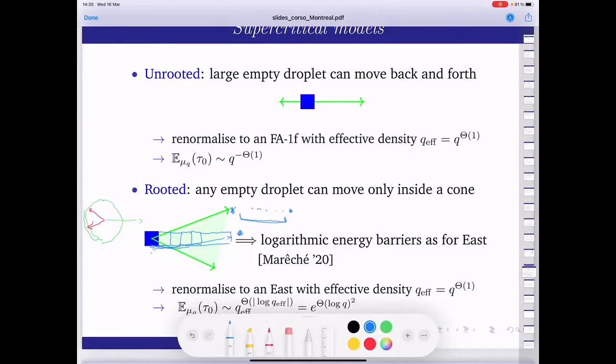Inside that, my droplet is able to move. It's able to move because if I want to move in all this direction, I always see around a semicircle which is green.